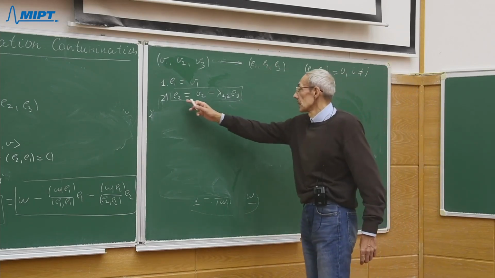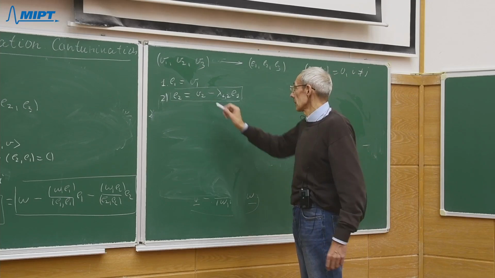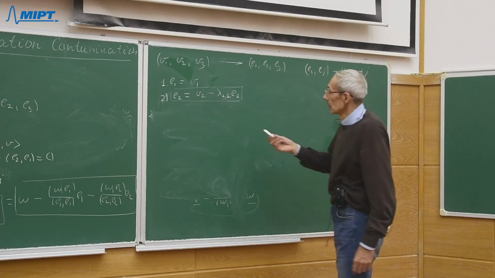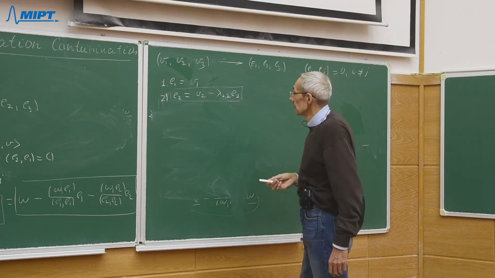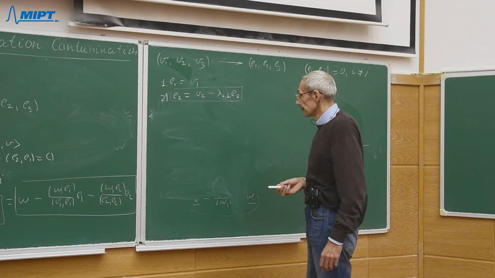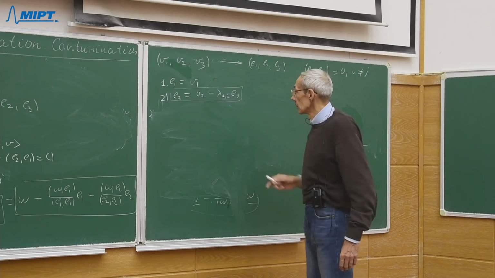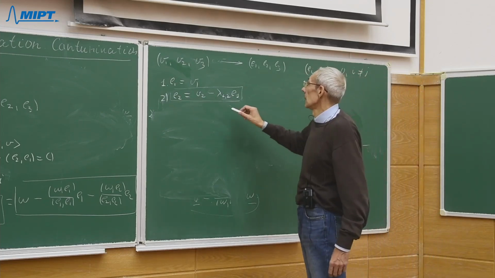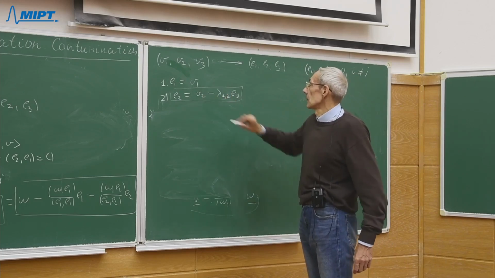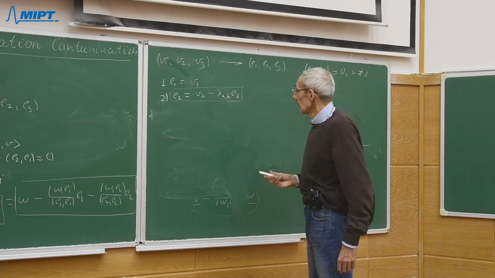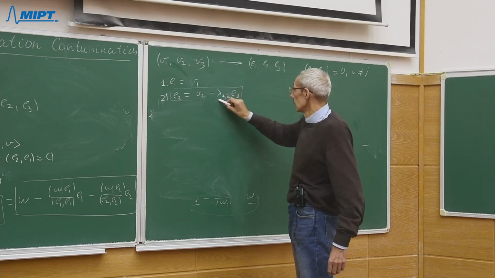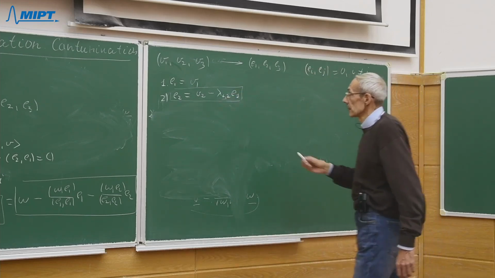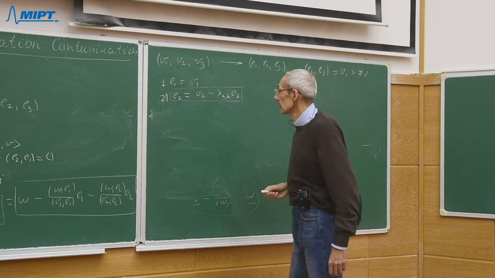We can present this vector as a linear combination. Such a presentation means that this vector belongs to the linear span of the vectors v1 and v2, and we look for the coefficients such that the scalar product is equal to 0.